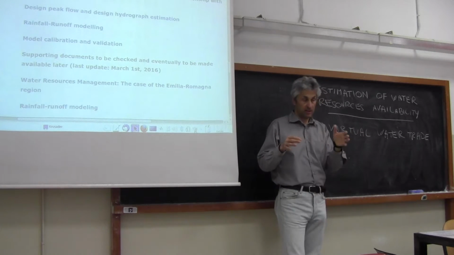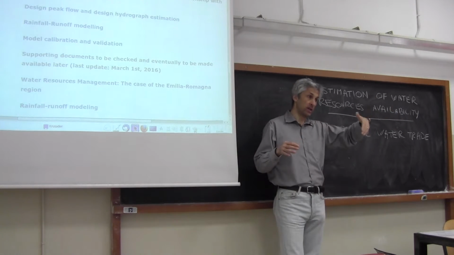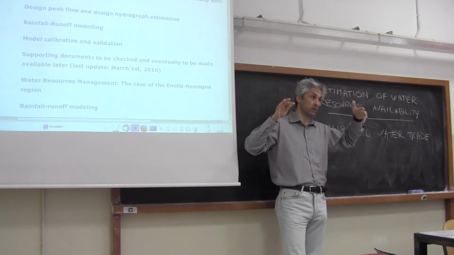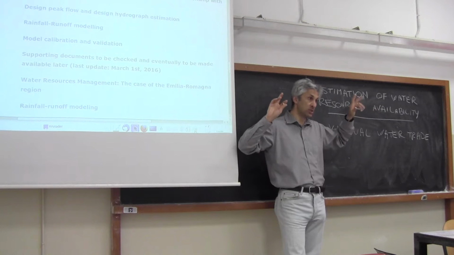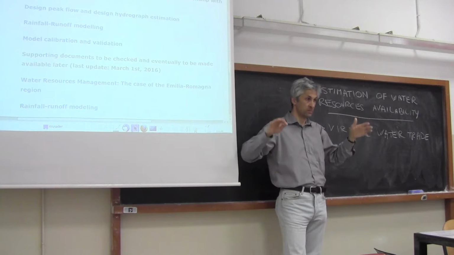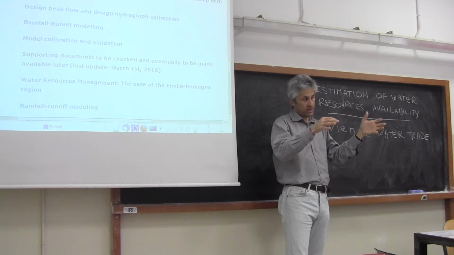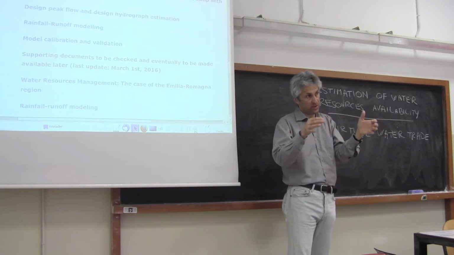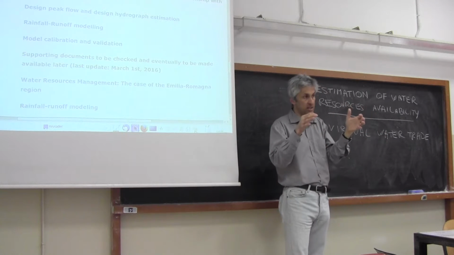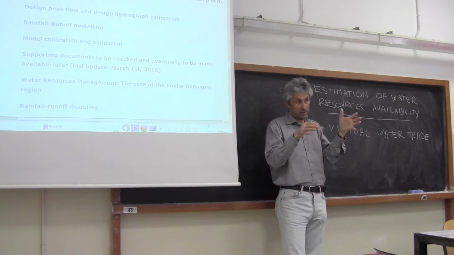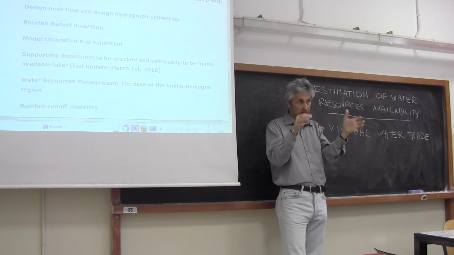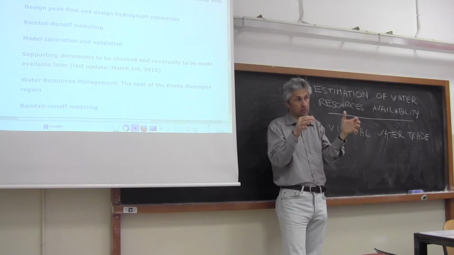And then, after that, we can turn to the situation where we don't have data, and we can turn to the climate change effects. So how to estimate the climate change effects, how to analyze, if you want, the human impact on the current and past status of the system.